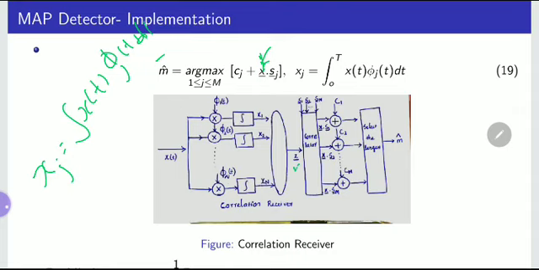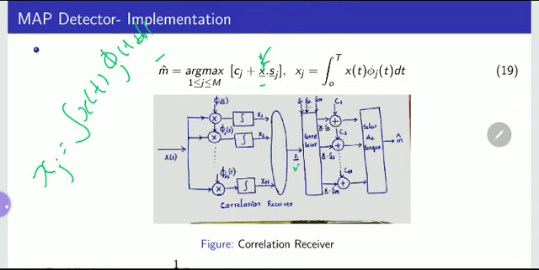Now you have a correlator, which will take the dot product. The geometric meaning of the dot product in vector space is actually the inner product, or cross correlation, between the two signals in the continuous time domain.